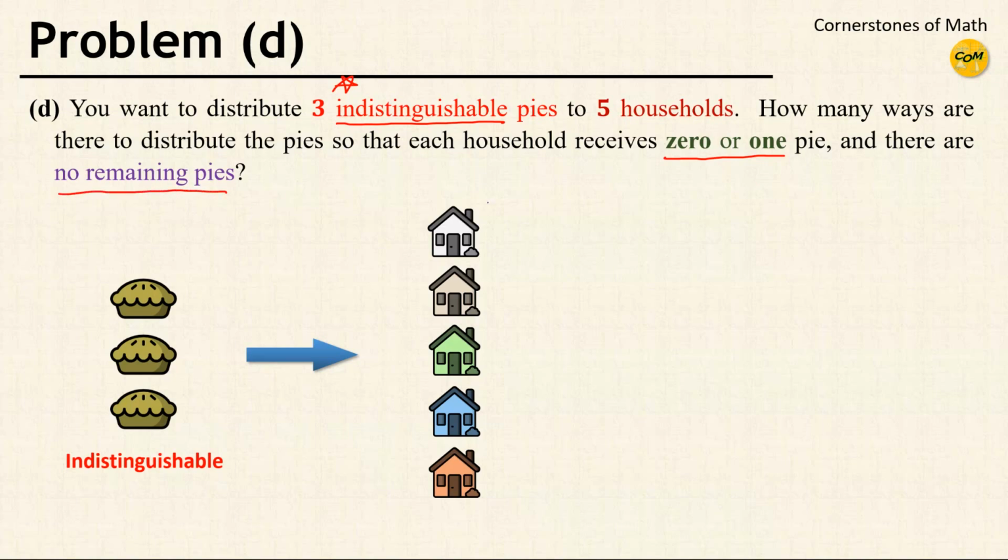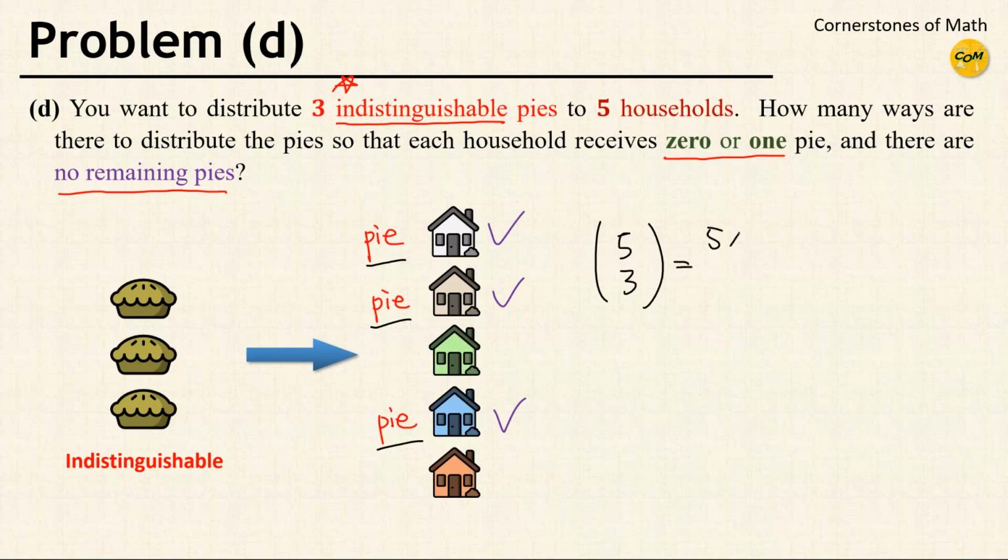Well, in this case, instead of each pie choosing the households, we simply choose 3 households from these 5, so that each chosen household gets a pie. Therefore, the answer is the number of ways to choose 3 households from 5, which is 5 choose 3, which equals 5 times 4 times 3 divided by 3 factorial. So we have 10 ways.